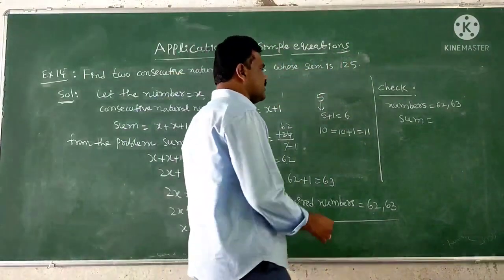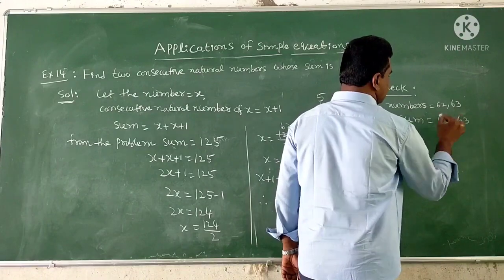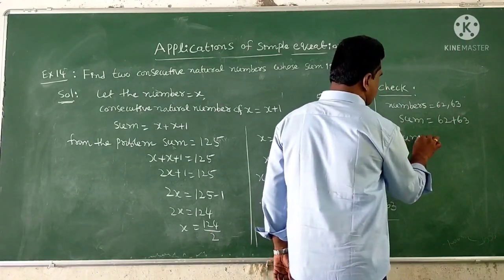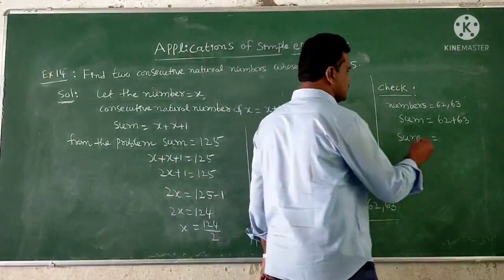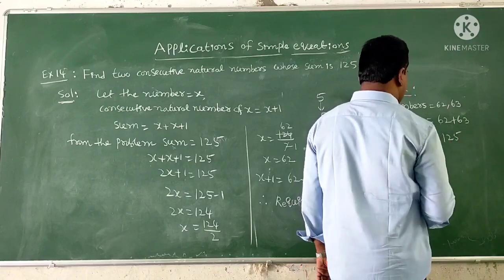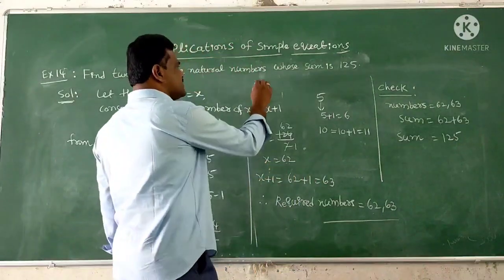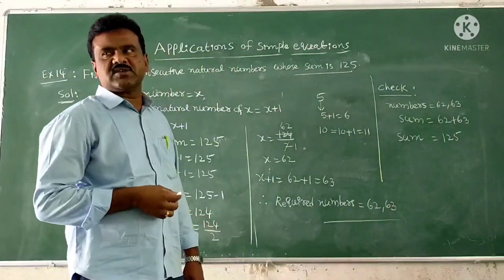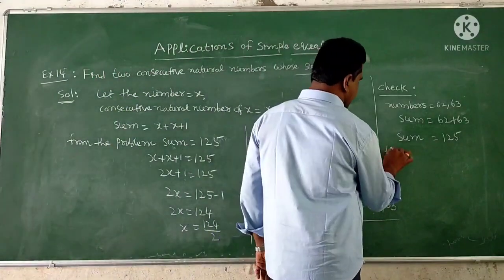Sum is equal to 62 plus 63. What is 62 plus 63? Yes, 62 plus 63 is 125. So here the given sum is also 125. Hence it is verified.